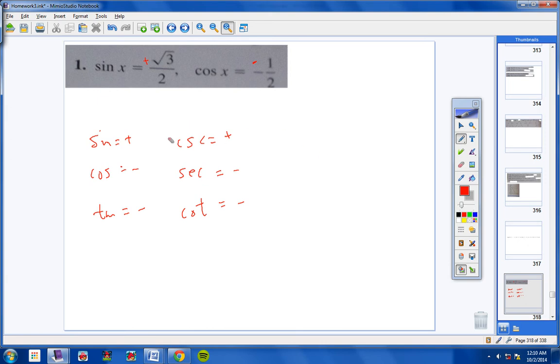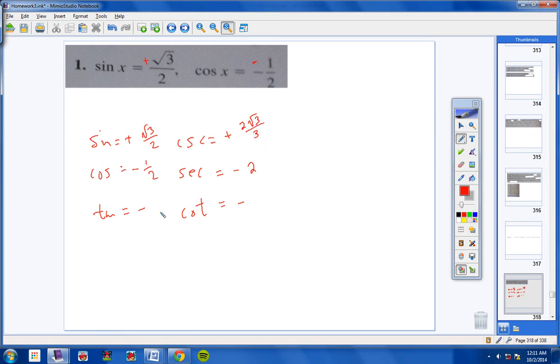Okay, sine is square root of 3 over 2, and cosine is 1/2. So secant would be 2 over 1. And cosecant would be 2 over square root of 3. We're going to rationalize it, and we'll get 2 square root of 3 over 3.